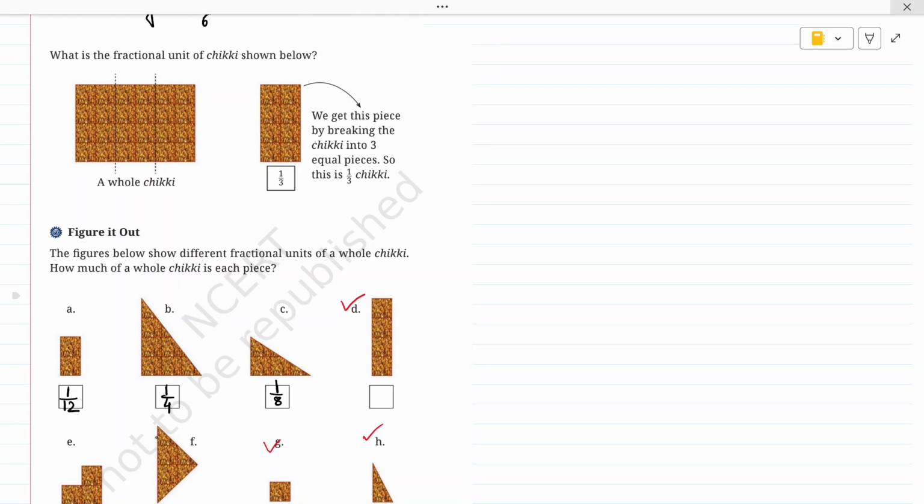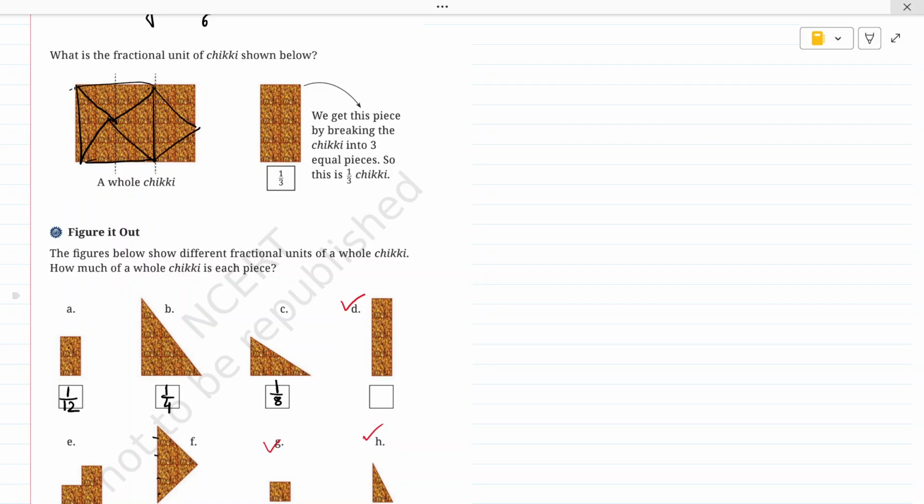Next we have F, where we have 1, 2, 3, 4. So if you see, we have 4 tiles covered vertically. So that means we are dividing it something like this: one part, second part, third part, fourth part, then fifth part.